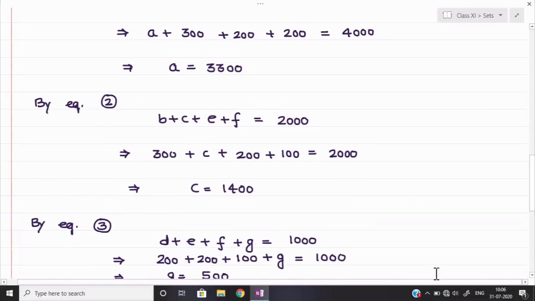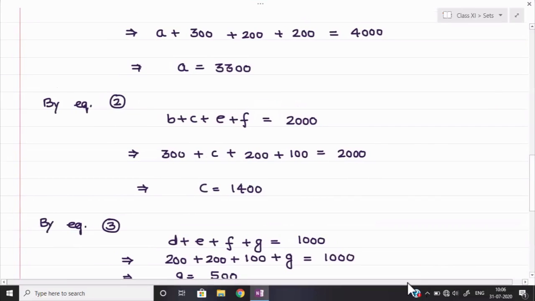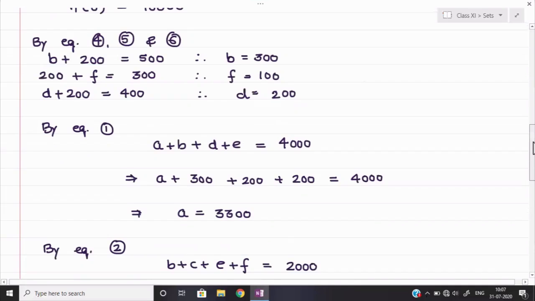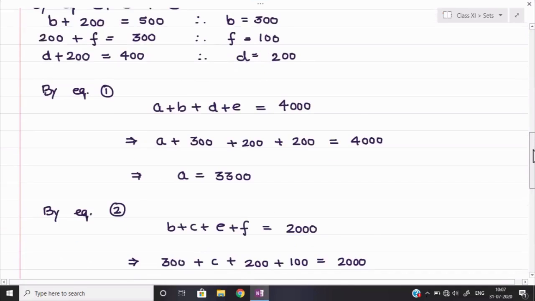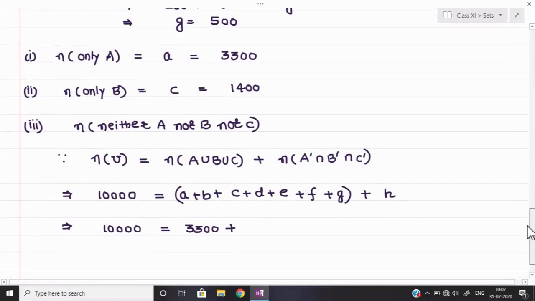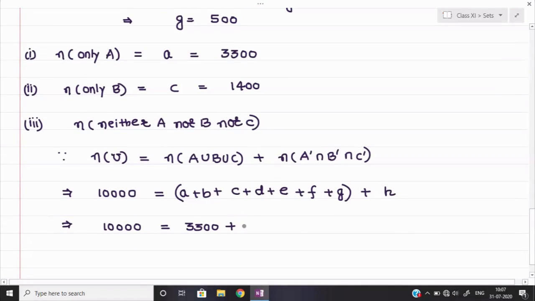In equation 2 we can look at the value of B, or we can see it at the top. B is equal to 300, right? So B is equal to 300. We can mention C is equal to 1,400, and now G is equal to 500. That is written in front of us only.